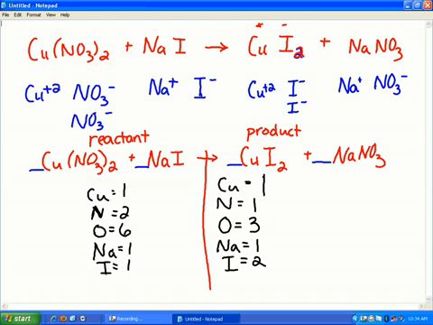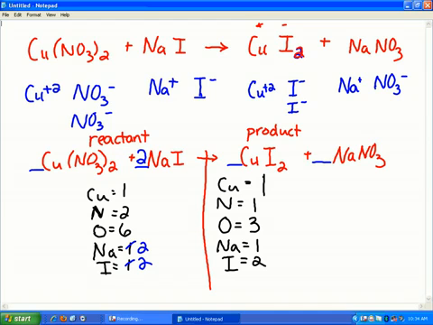I need another iodine on the reactant side, because if I put a 2 coefficient here, that's going to change this to 2, which will then match the product side. But that 2 coefficient also changes how much sodium I have. So I need to put in a 2 here to know that I also have 2 sodium now.